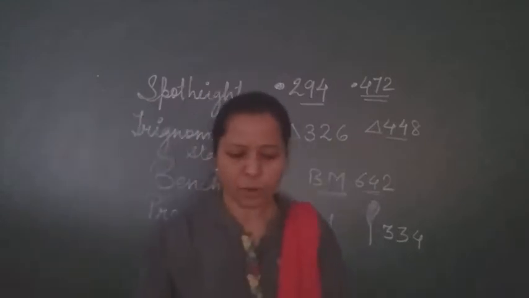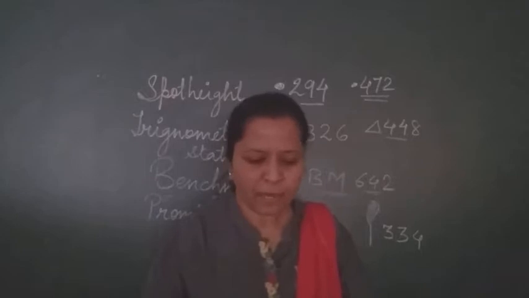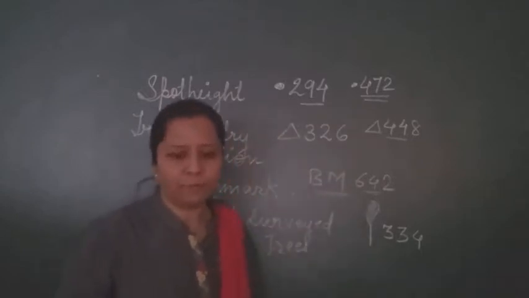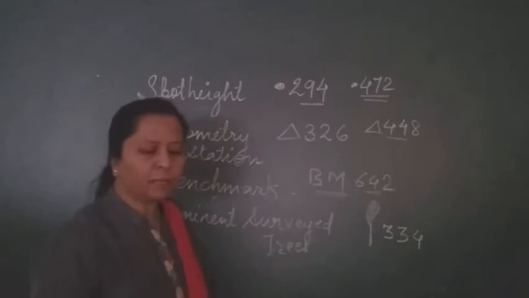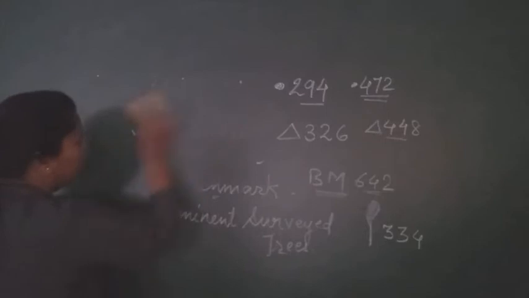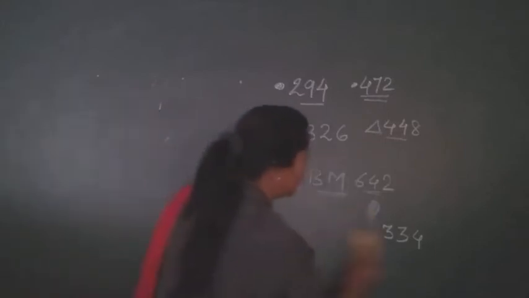Now our next point of discussion is the landforms that are formed due to the shape of the land. Keep one more thing in mind: when a particular landform has a shape, it can be seen with the help of contours.